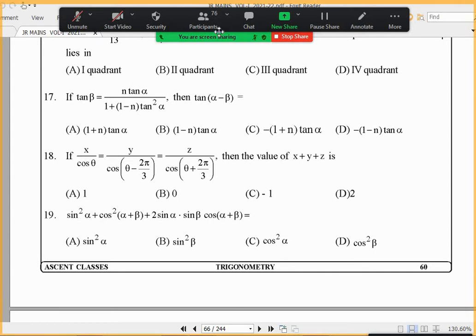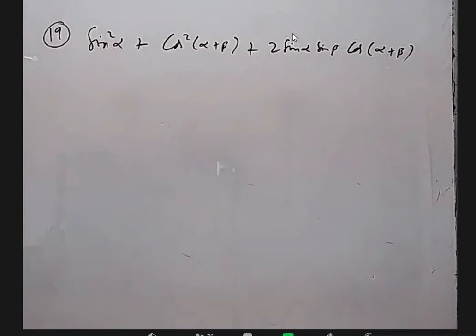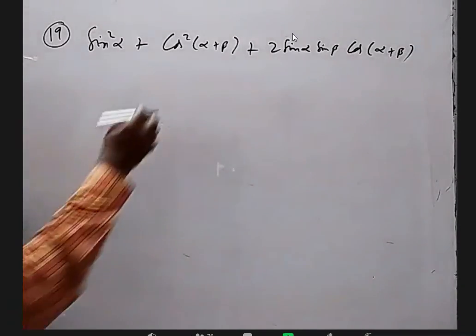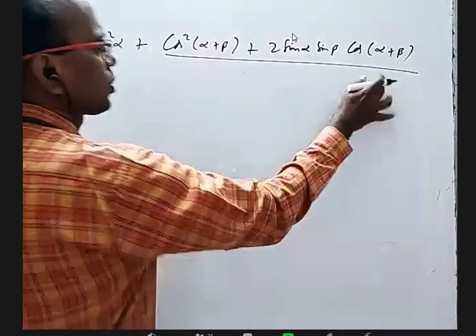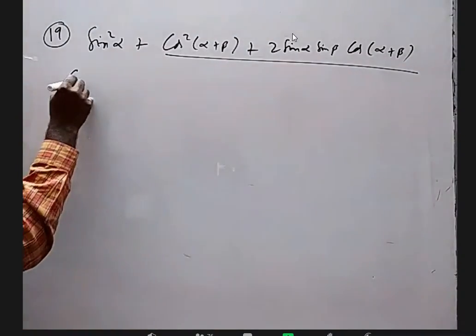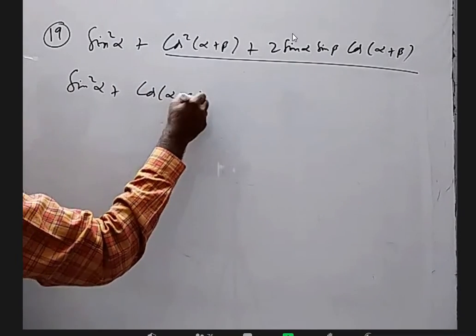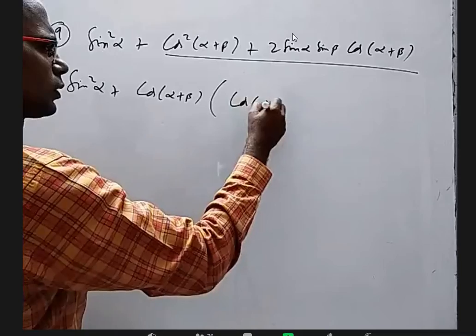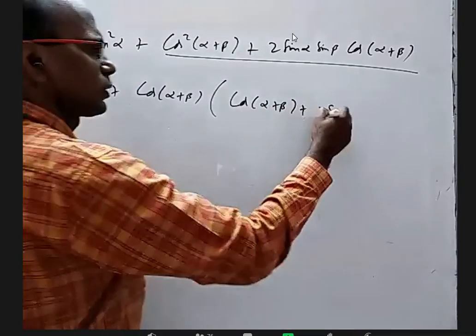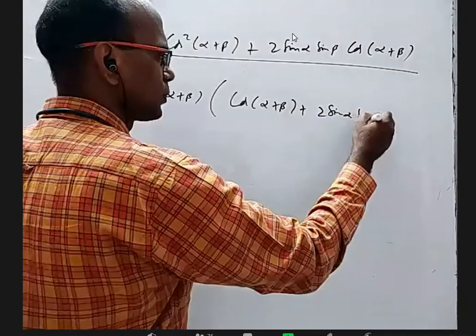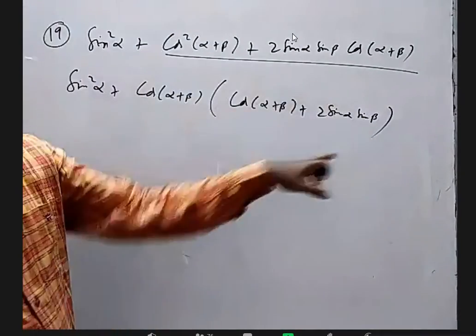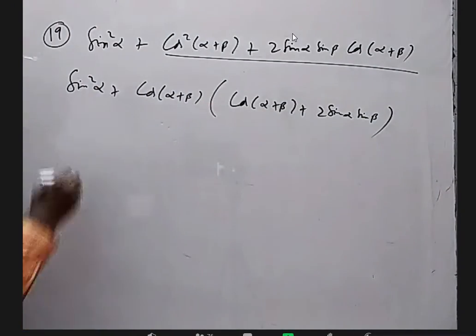This 19th one, you can do in slightly different ways, but mainly I want to take cos alpha plus beta common from these two. Sin square alpha, cos alpha plus beta common. So we'll get cos alpha plus beta times 2 sin alpha sin beta. I can tell how this is cos alpha minus beta.